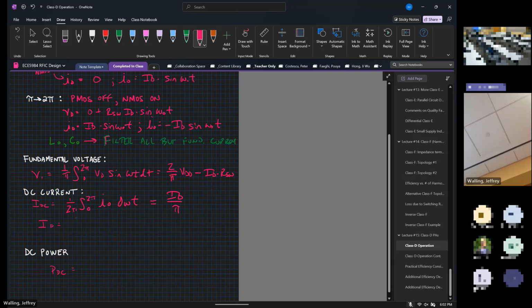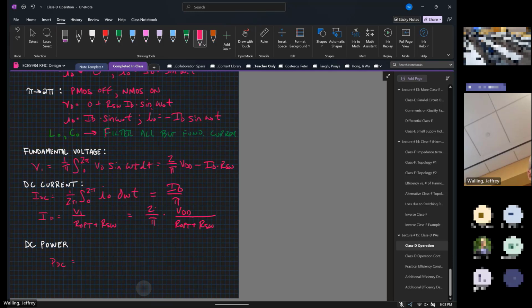And then ID is equal to V1 over (R opt plus R switch), which is equal to 2 over pi times VDD over (R opt plus R switch). And finally, we can find our DC power, VDD times IDC.